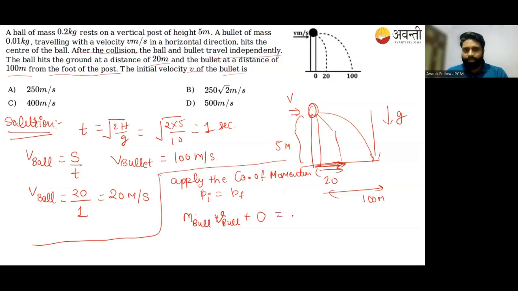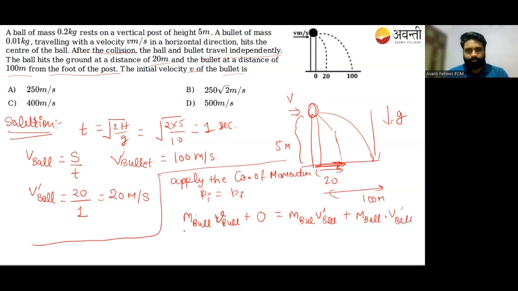This equals the final: the mass of bullet into the final velocity of bullet, V dash, plus the mass of ball multiplied with the velocity of ball, V dash.